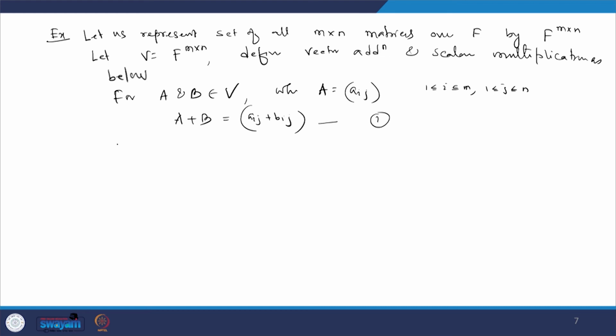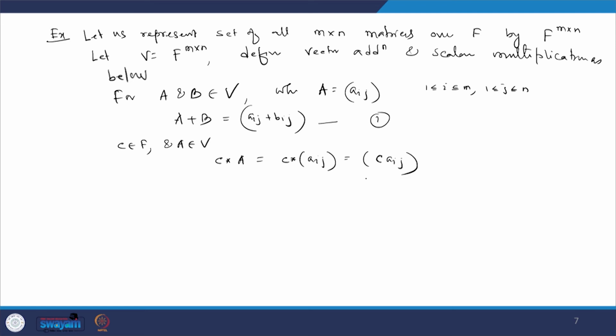And scalar multiplication: for c belonging to F and A belonging to V, I am defining c star Aij equal to c into Aij.